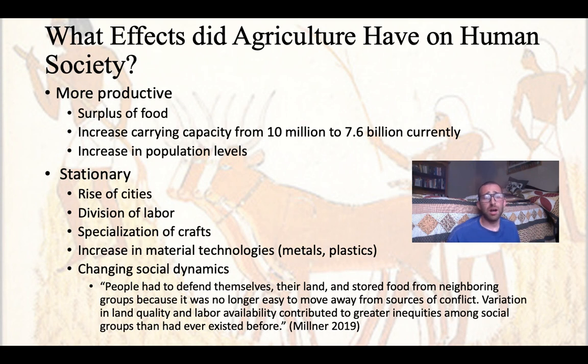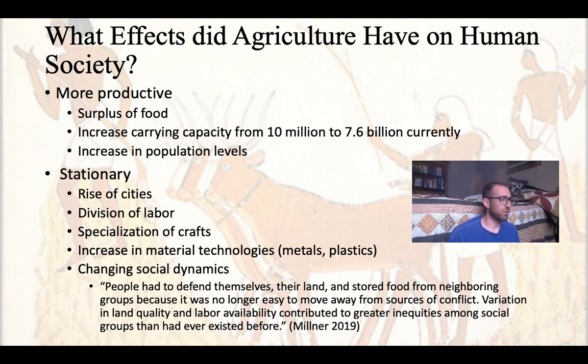Now, you're sedentary, so you have these areas that you need to start defending. You'll have variation in the quality of your land that is suited for growing crops or for where a city could be located. And this is going to start to lead to some more inequality in social groups, right?